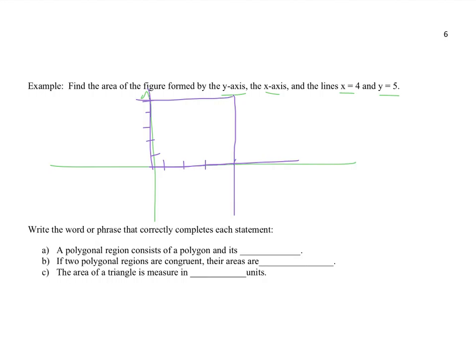So the area they want is inside of this box, this rectangle. And one side of it is 5, another one is 4. The area is just 4 times 5, which equals 20 units squared.